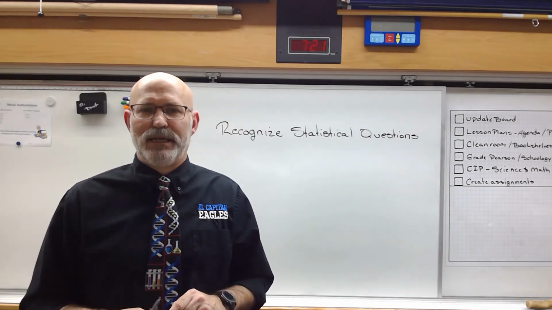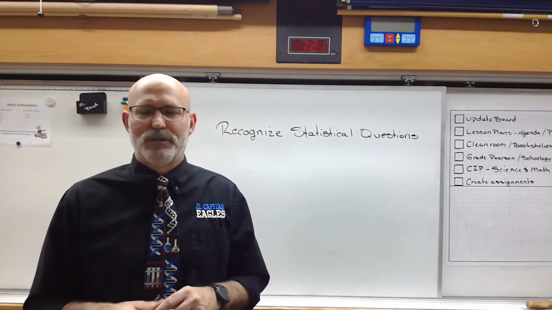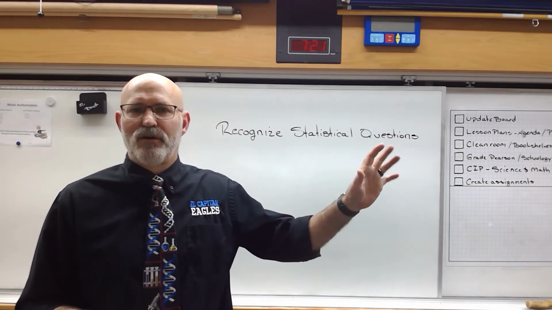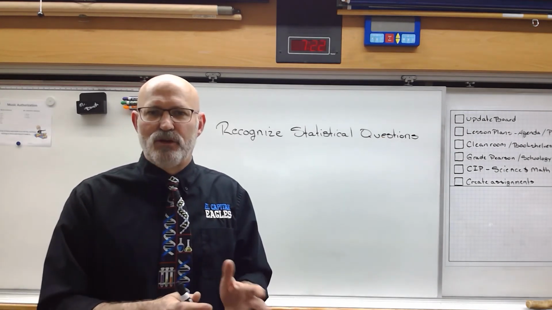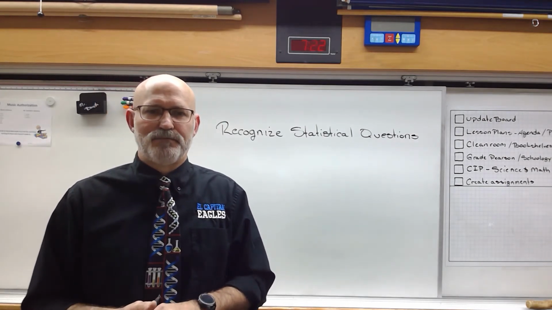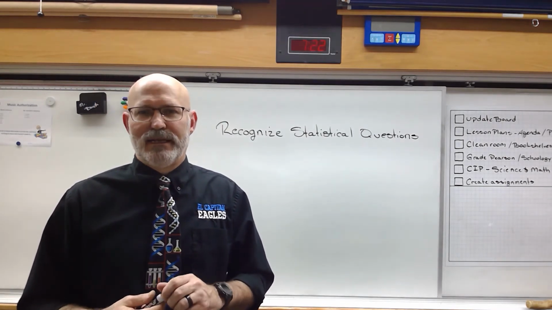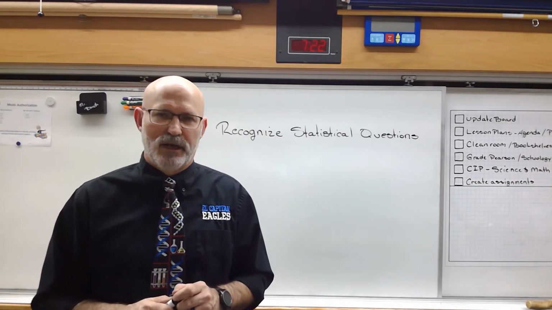Statistics can also be manipulated. Sometimes, if you have an outlier or certain data you don't like, you get rid of it, keep the data you do like, and you can skew the data a little bit to make it lean wherever you want the data to go.